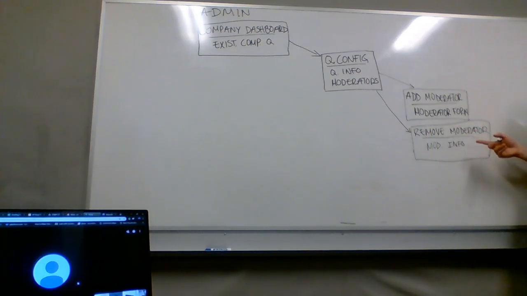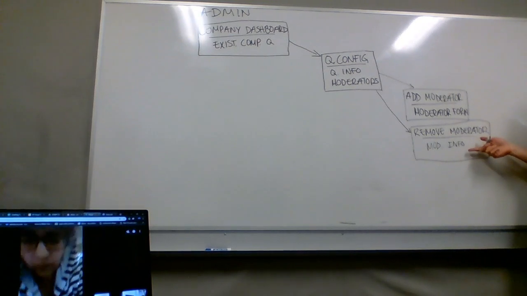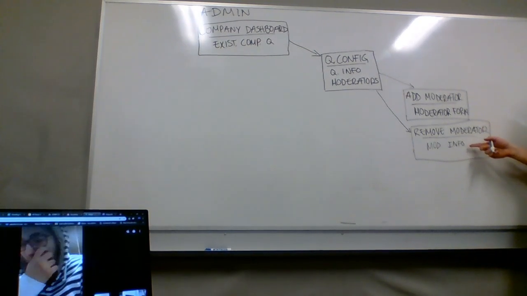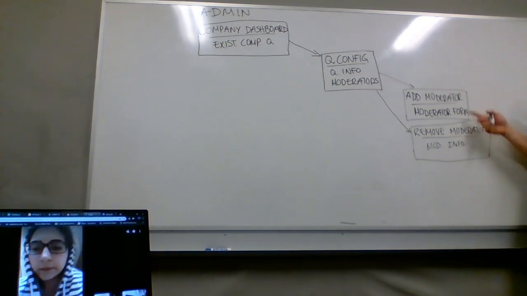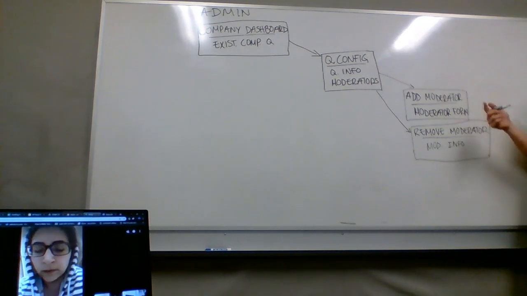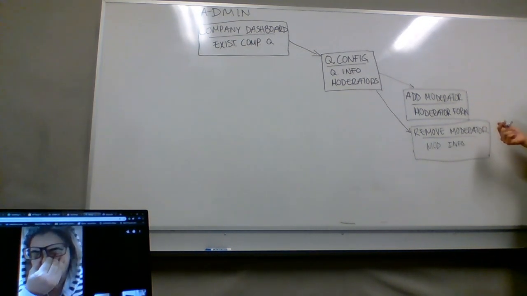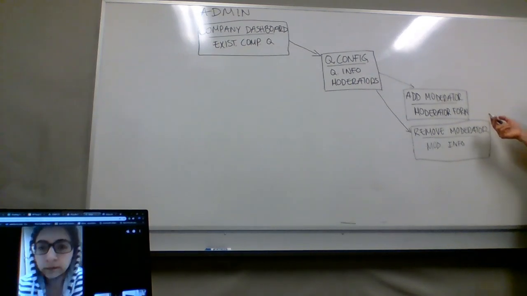I was thinking that this add moderator will ask for new information, while this one only will ask for a confirmation. So this one will not have a form with fields, only a yes or no, or confirm, cancel, and this one will ask for some other details. So I guess it's gonna be a little different.